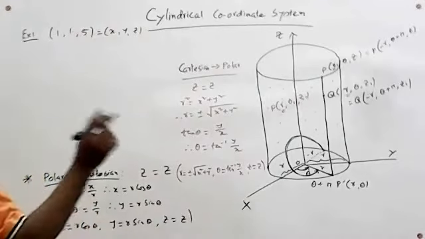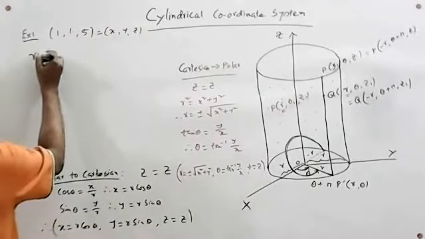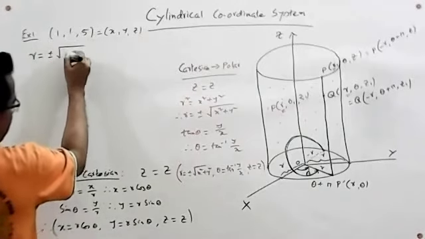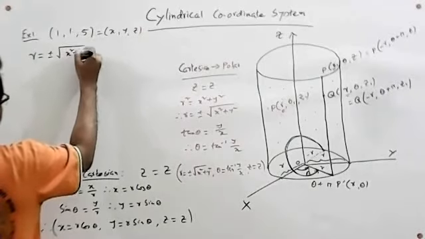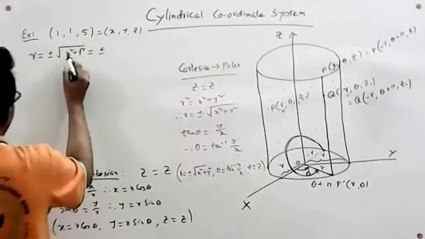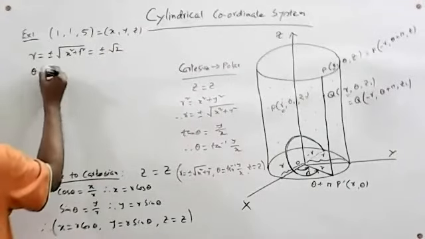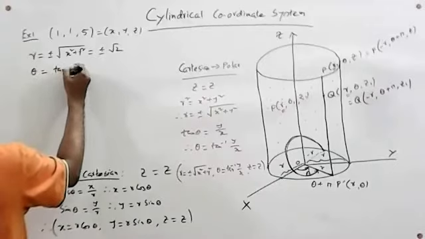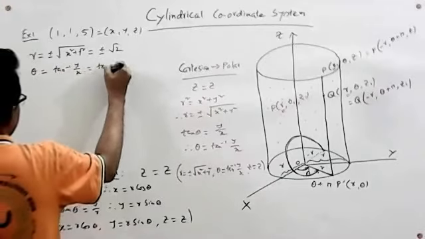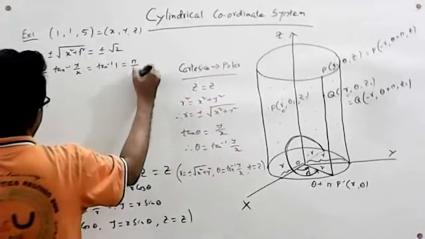For the cylindrical coordinate system, we know that r equals plus or minus the square root of x square plus y square, which is plus or minus the square root of 1 plus 1, so root 2. And theta will be tan inverse y over x, which is tan inverse 1, and this is pi by 4.